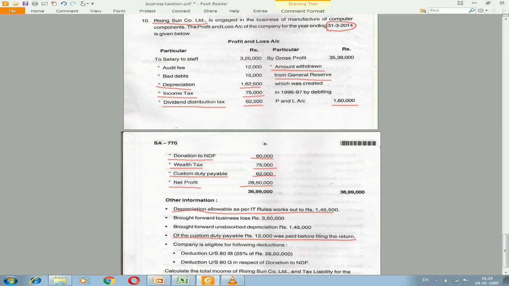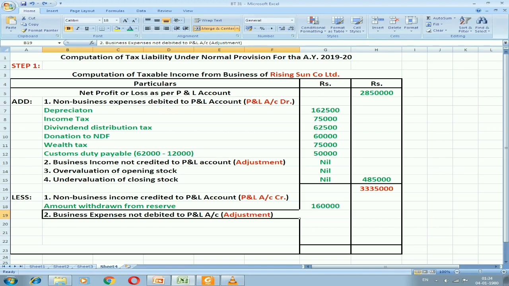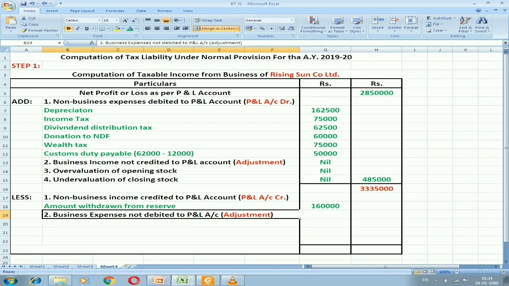Let us go with the second point. Business expenses not debited to profit and loss account. Expenditures which are related to business, we can take from the adjustments. We have only one, that is depreciation allowable. Allowable will be considered as business, amount of rupees 1,45,500.